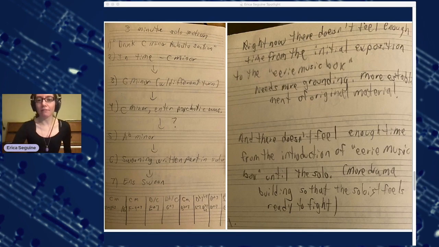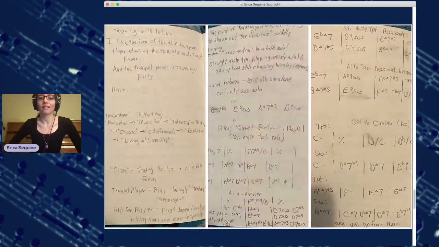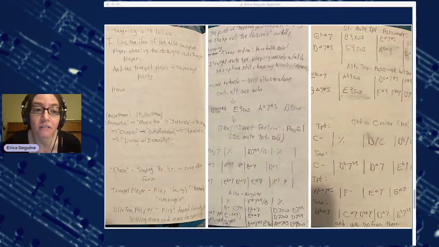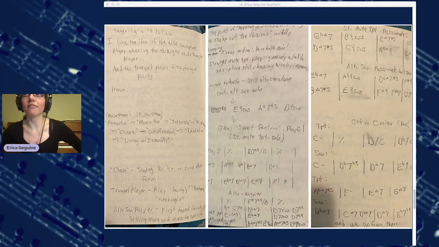So anyways, if we go to the next sketch now, please. After struggling and attempting at it, I had the idea, okay, what if I bring a second soloist in?